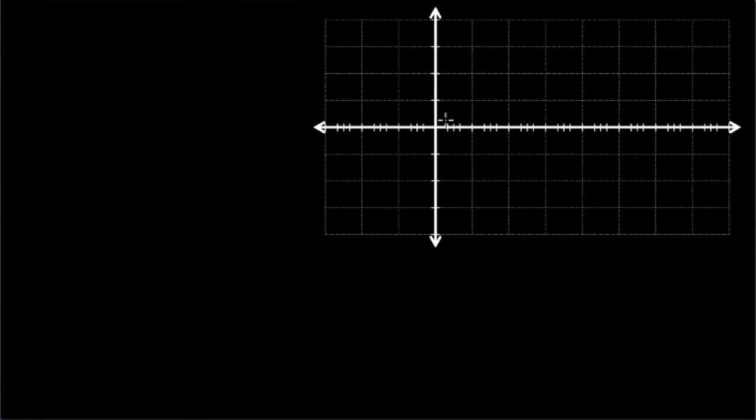So let's just take some random graph. I'm going to take a graph that starts here and goes up to here, comes back down to here, back up to here, to here, to here, to here, and to here.